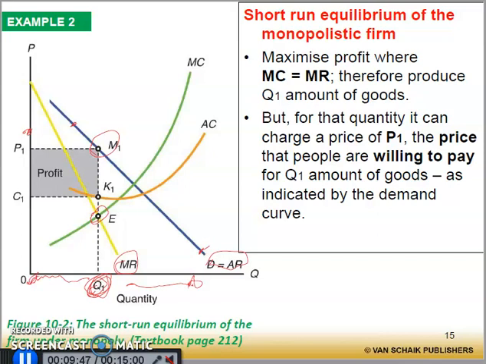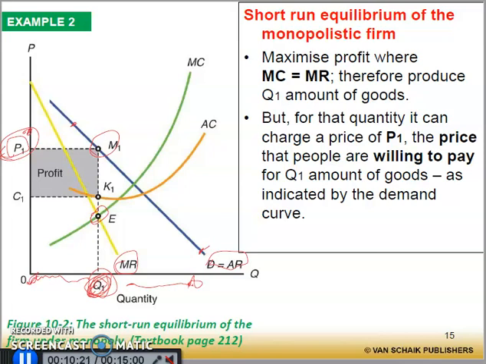It shows that consumers are willing to pay a price of P1 for a quantity of Q1. The equilibrium price is therefore P1 and the equilibrium quantity is Q1.